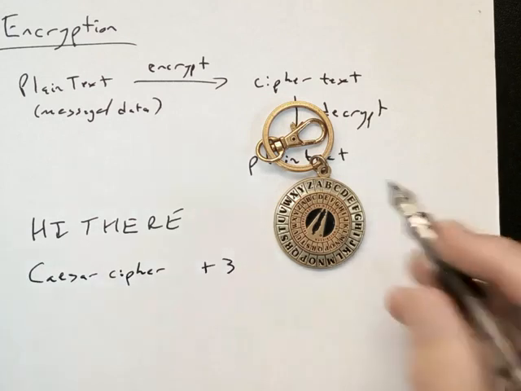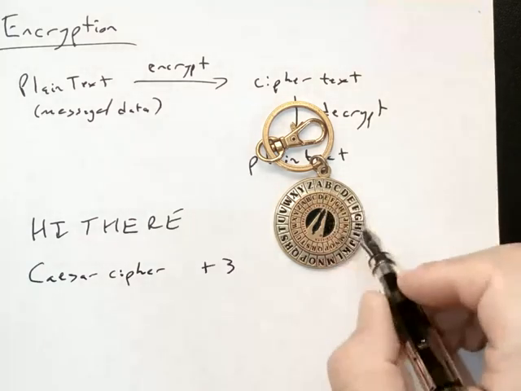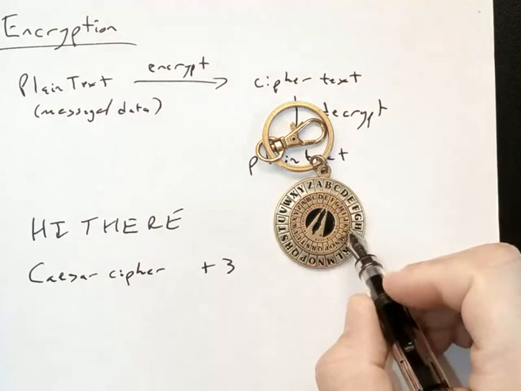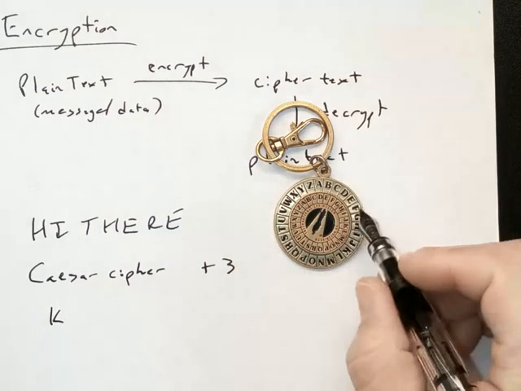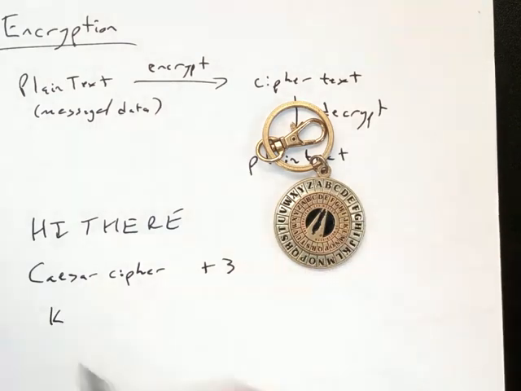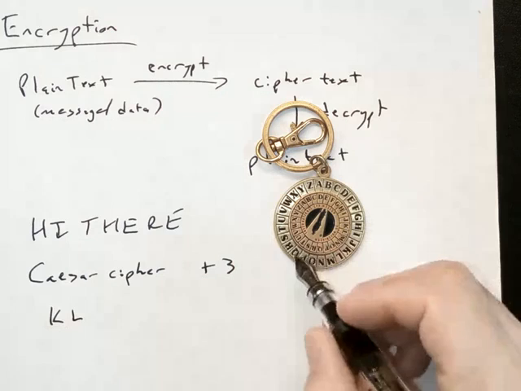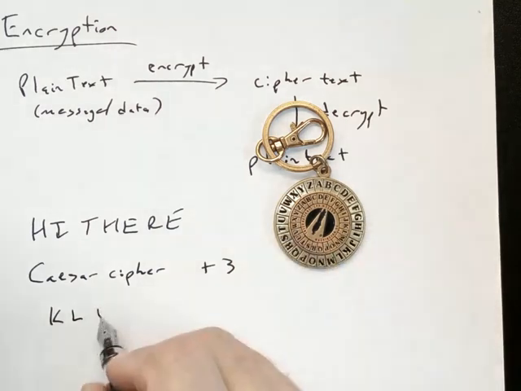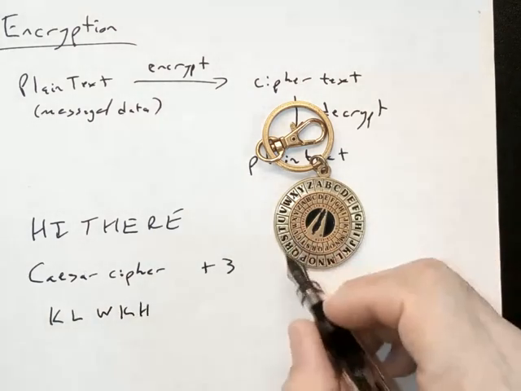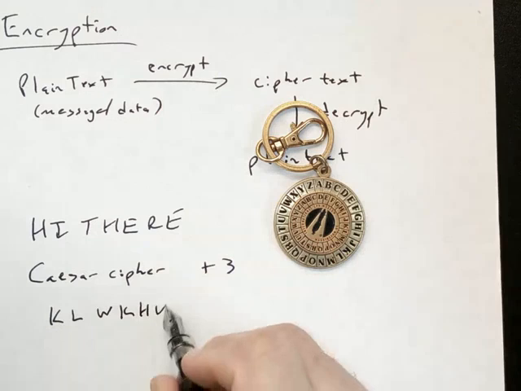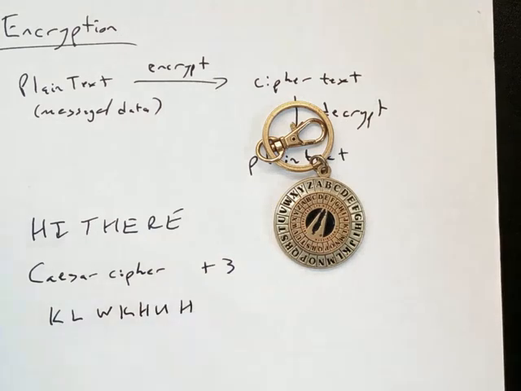So my message, "hi there": on the outside, H goes to K. I goes to L. T goes to W. H, we already said, was K. E goes to H. R goes to U. E goes to H. And that's the message I sent.